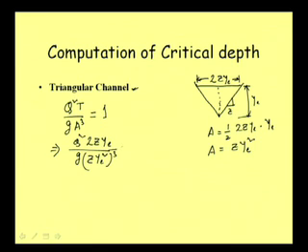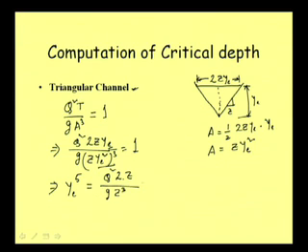Now, from this we can express y c in terms of the other values. So, let us try doing that. It will be y c cube, y c to the power 6 in the denominator, and y c in the numerator. So, ultimately we can write y c to the power 5 is equal to q square, then twice z, and here it will be g and z to the power cube.